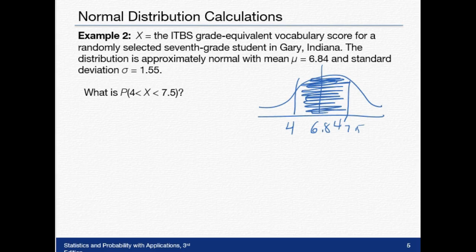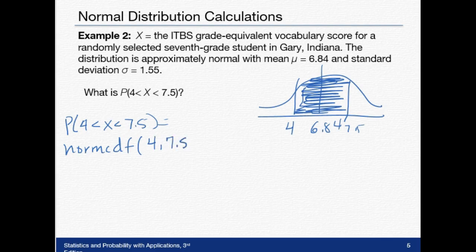So in my calculator, to find the probability that x is between 4 and 7.5, I'm still doing normal CDF. The lower bound this time is 4. The upper bound is 7.5. The mean is 6.84. And the standard deviation is 1.55.